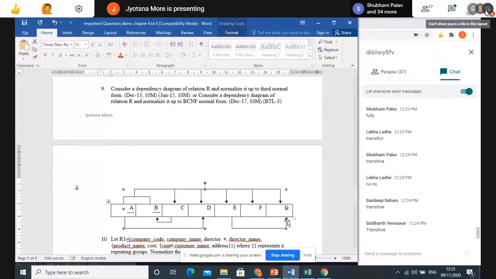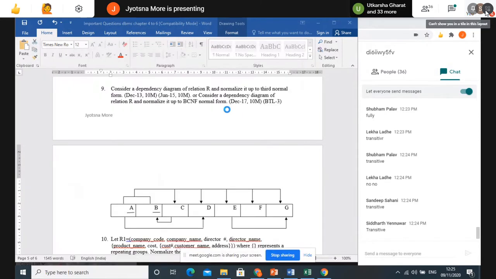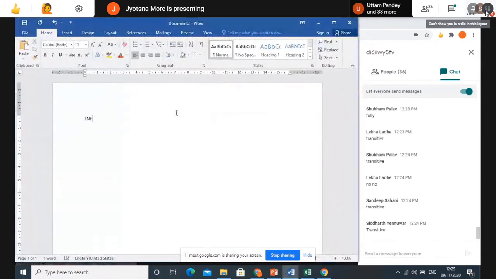Now next to that, write down 1NF. For that, mention R1, capital R1, in brackets. We are getting AB determining everything, right? So write down A, comma, B, comma, all this C, D, E, F, G. I'll just take a Word file and increase the font.